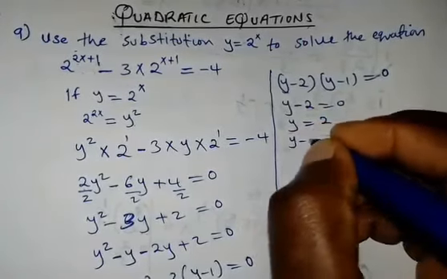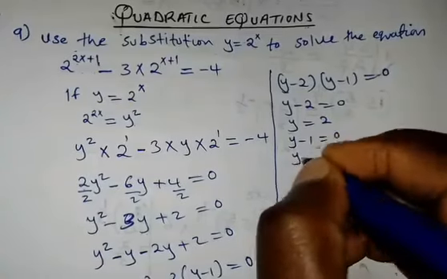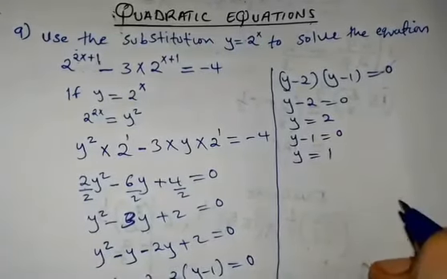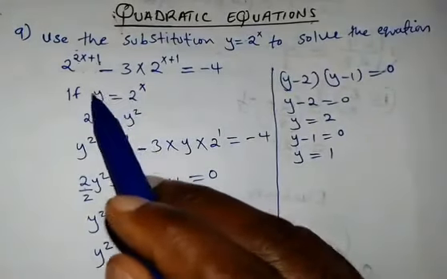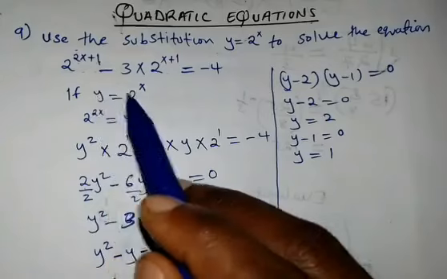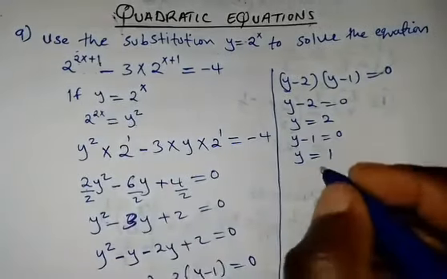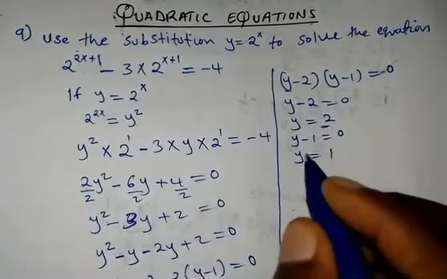The other one, y minus 1 is equal to 0, so y is equal to 1. And remember now what we replaced y with, or what was representing y. So let us solve for the value of x.